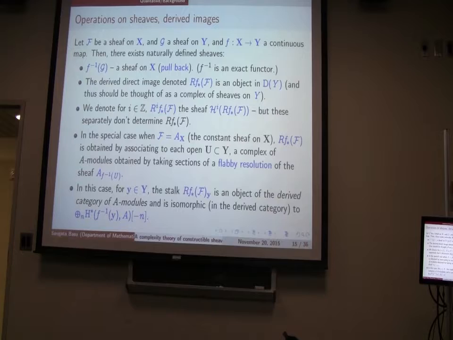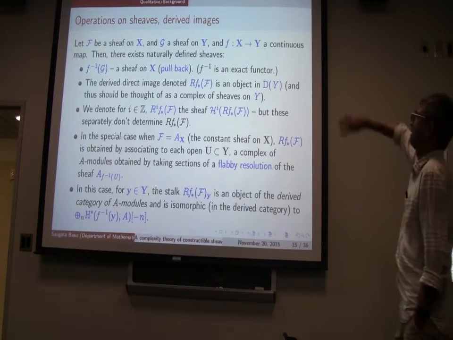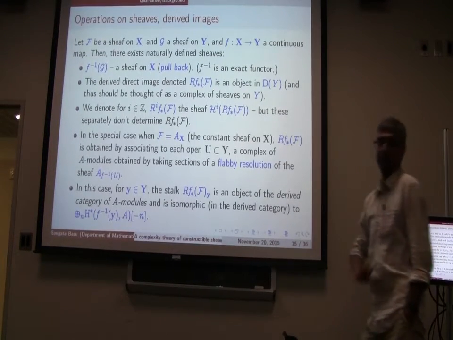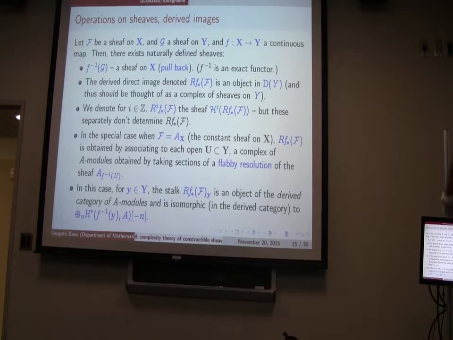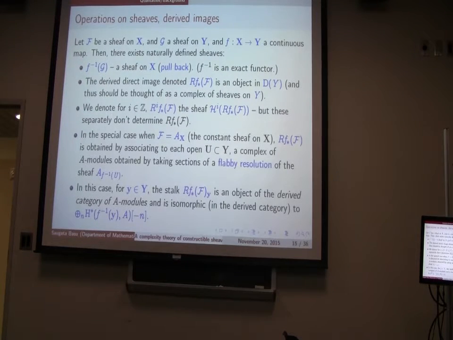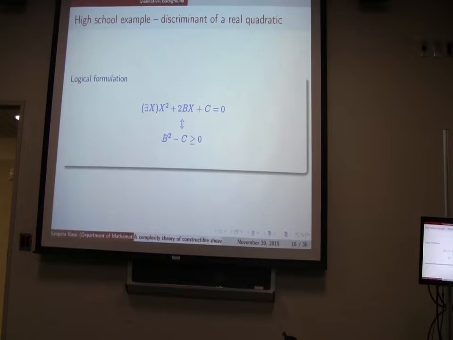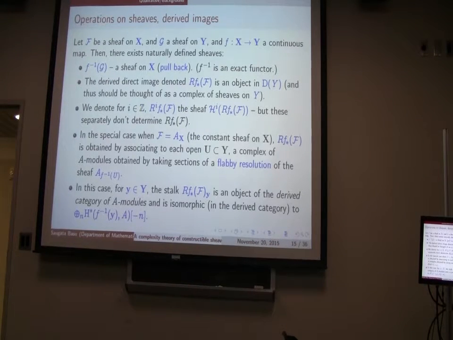So in fact, we can forget about the rest. I think this is the main thing to remember. That's a consequence of something called the proper base change theorem in sheaves.